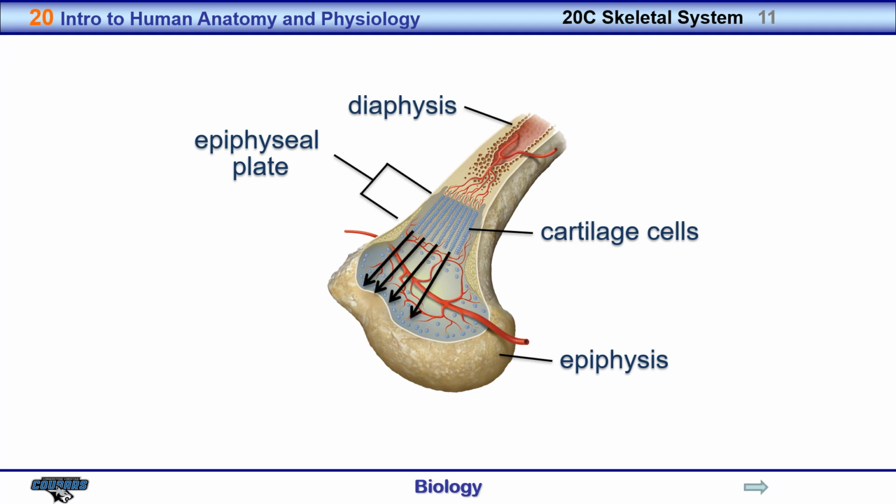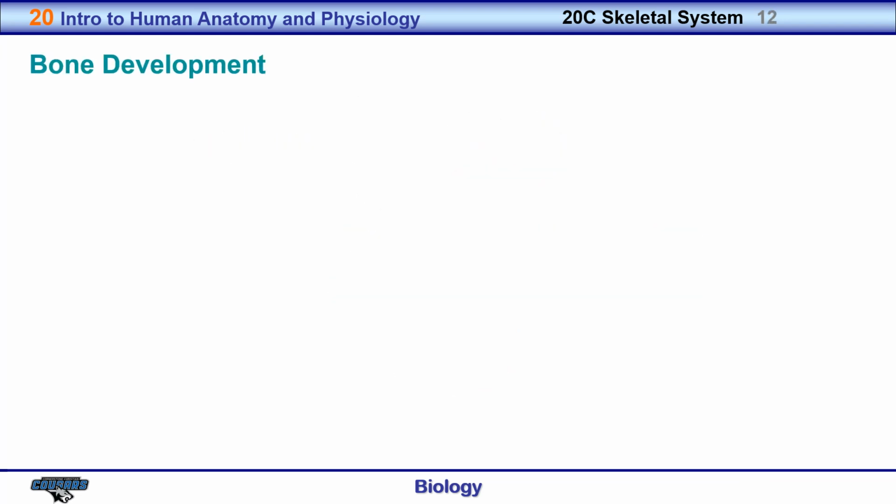And so when it tends to grow, it will tend to grow outward in that direction. So the epiphysis will get farther from the diaphysis as more and more bone is built in the epiphyseal plate.